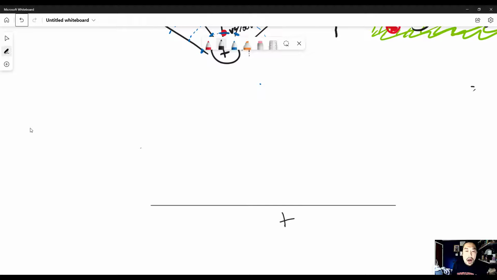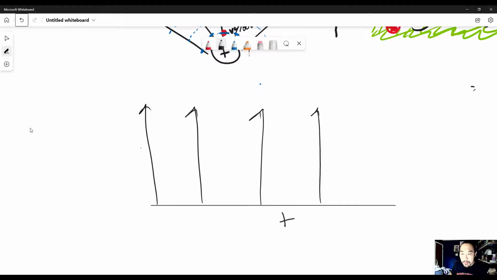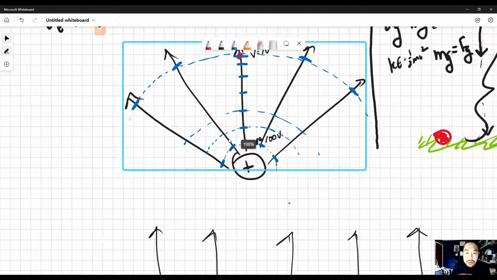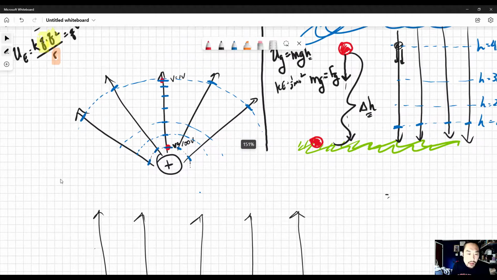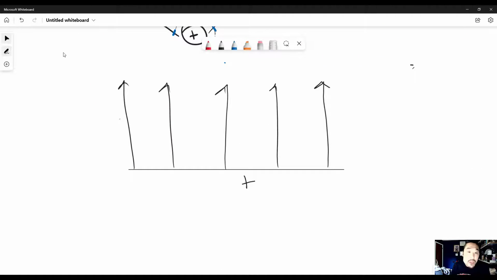If we have an entire line of positive charge, these are my field lines there. Instead of drawing the field lines like an onion-looking thing, where it's arced, we just follow the same rules. The equipotential lines are always drawn perpendicular to the field.